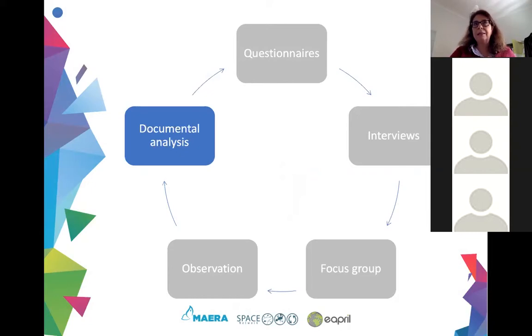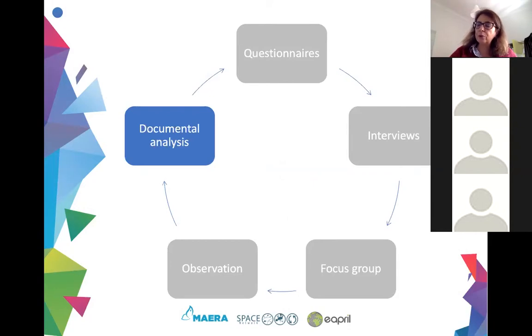This means that my sources or the format of my data can be very heterogeneous, and it doesn't need to be always text. So please bear that in mind.